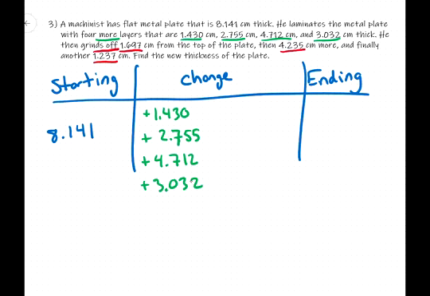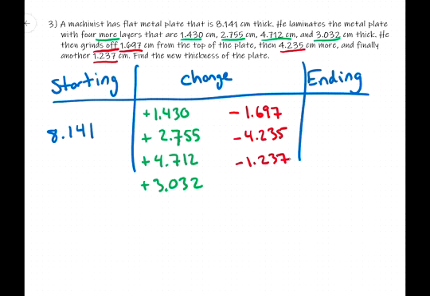He then grinds off, so subtract 1.697, then grinds off 4.235, then grinds off 1.237. Okay, so that's the change that happens, and the question is, find the new thickness, or what's the ending thickness after all of these changes happen.